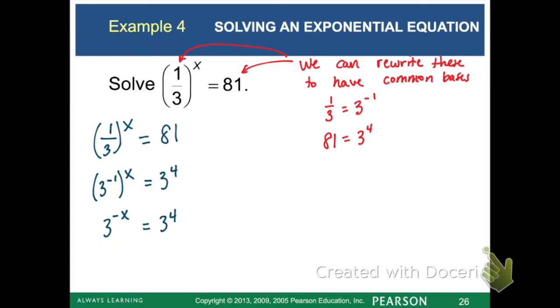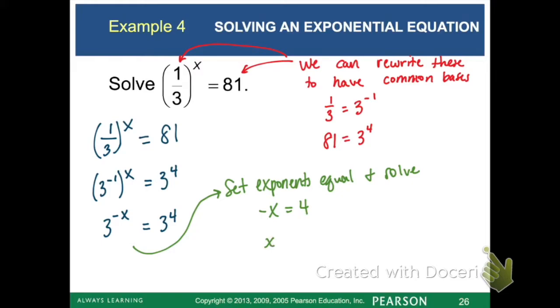As soon as my bases are the same, both my bases are 3, I know that my exponents are going to have to be equal. So in the end, we get our answer of x equals negative 4.